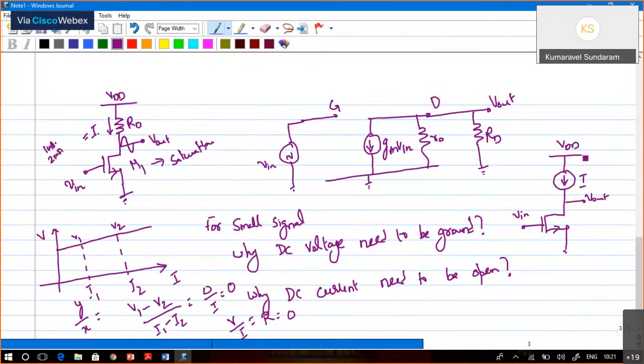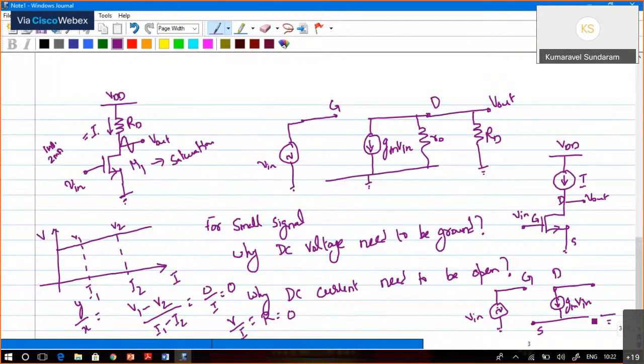So how do I draw the small signal? This is gate, drain, and source, with gm times V. Now the drain terminal is connected to the current source, and VDD is grounded.